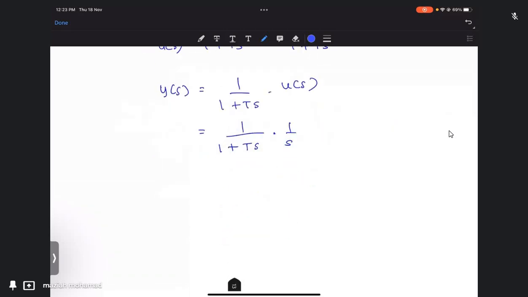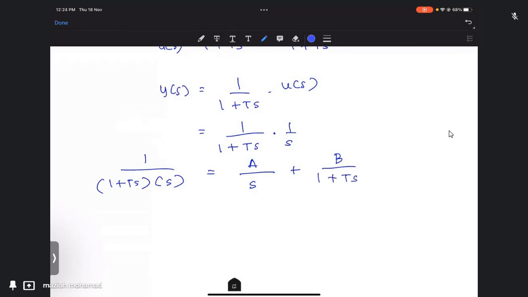So we do the derivation of the time response equation again. We have 1 over (1 plus Ts) multiplied with s is equal to A over s plus B over 1 plus Ts.